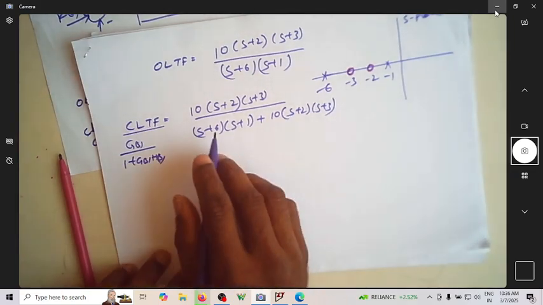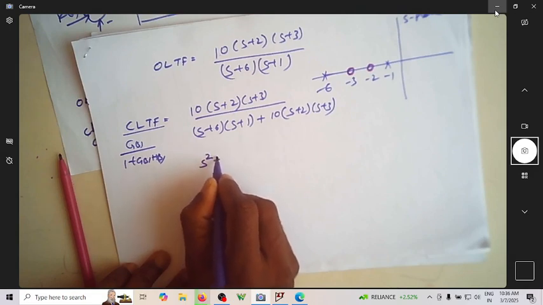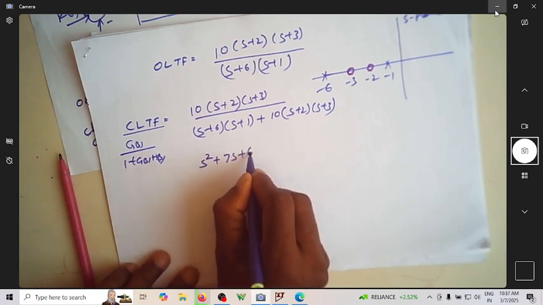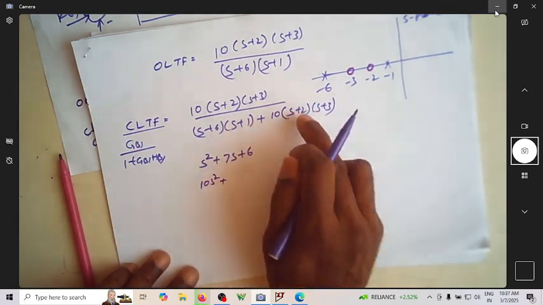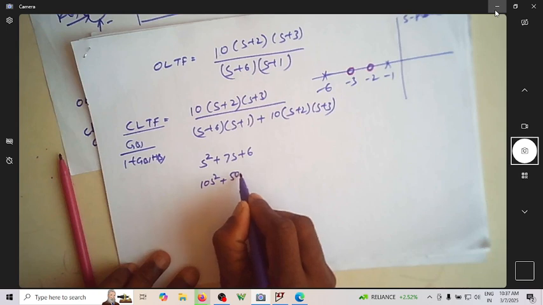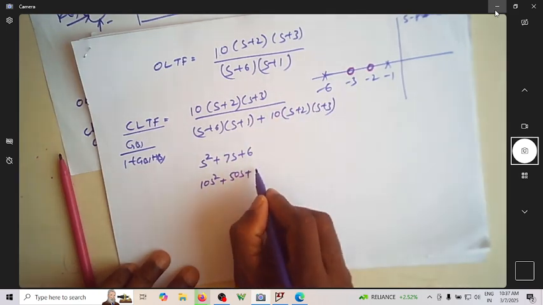So what is this? I need to solve for this. It will become S square plus 7S plus 6, and I think it is 10s square because 10 is there, and you have this 5s means 50s plus, and you have this 6 into 10 is 60.